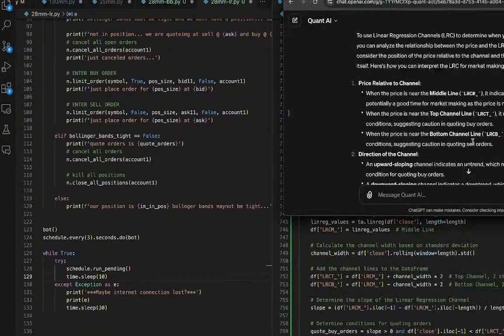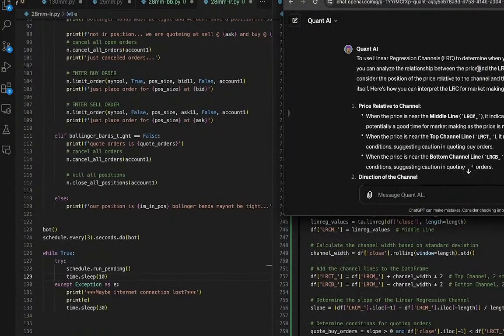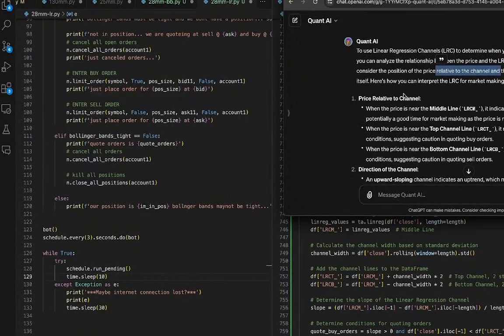It goes into a definition of using the price relative to the channel and the direction of the channel itself.